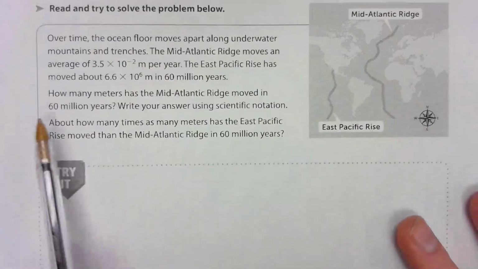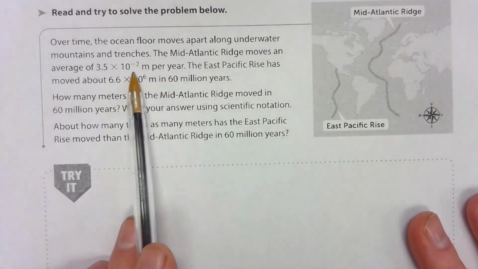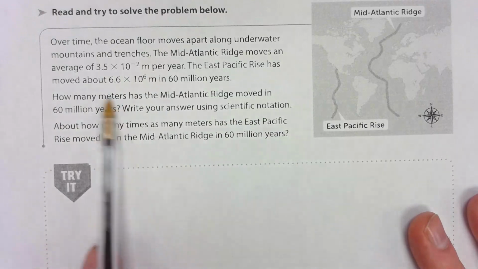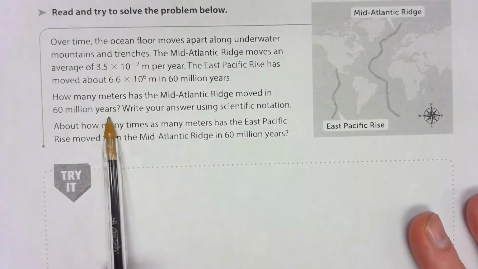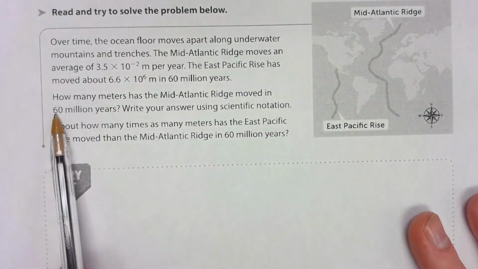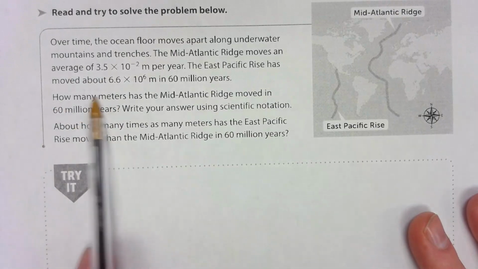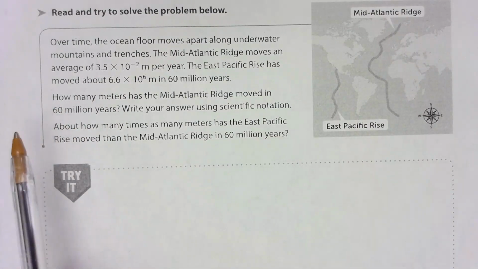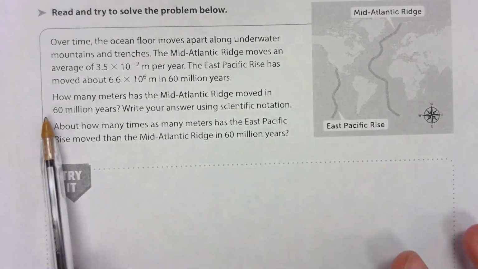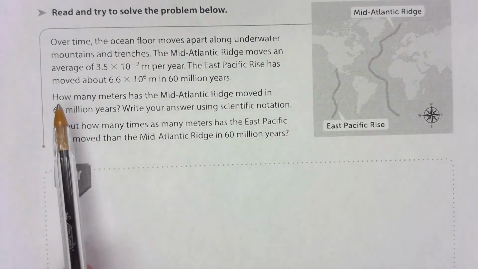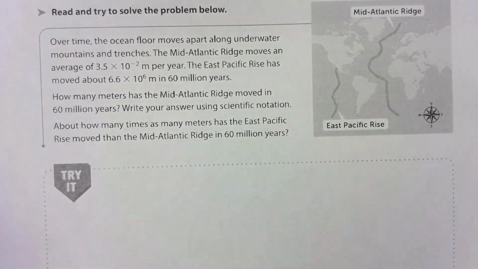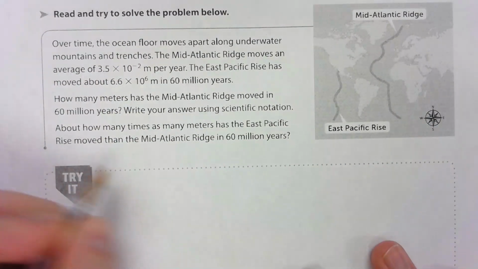So I've got this amount per year, and we want to know over this many years. How do we do that? Well, we multiply because it's a multiple amount of times. If we want to extrapolate over a good extent of time, that's always going to be multiplication because this happens every single year.